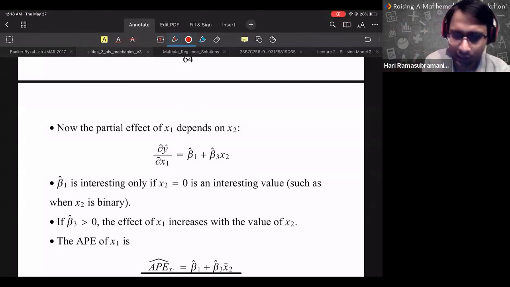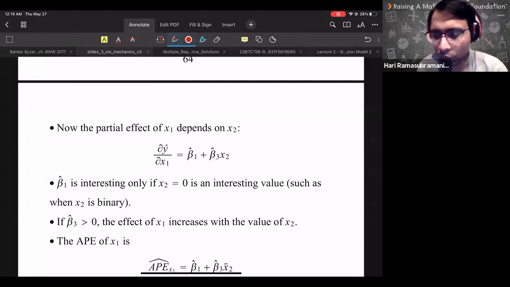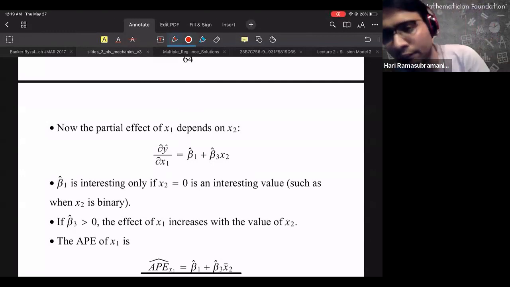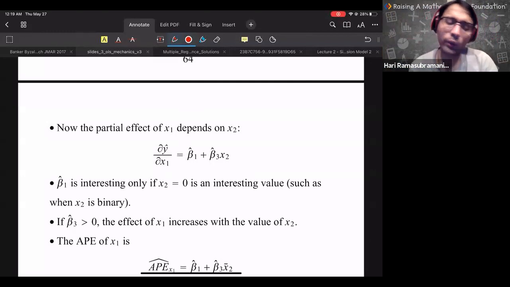You see that these formulas that we have discussed, we are using them and verifying them in that context. So you would calculate the average partial effect, then use the command in the software and show that both of them are the same.